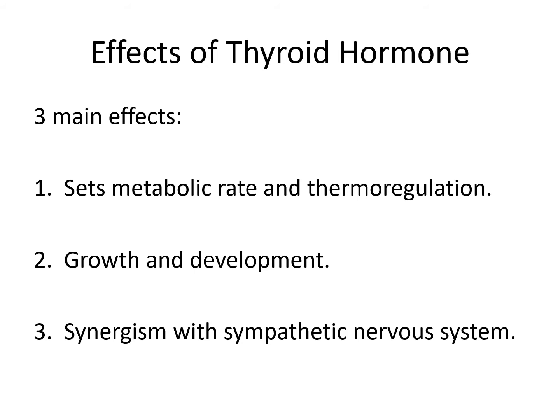Two, thermal regulation: as a byproduct of metabolism, we generate heat, so it also makes for a warmer body. Three, metabolism is influenced by growth and development. And thyroid hormones are synergistic with the sympathetic nervous system. In other words, side by side with the sympathetic nervous system, they will produce a greater effect than each of them by themselves.